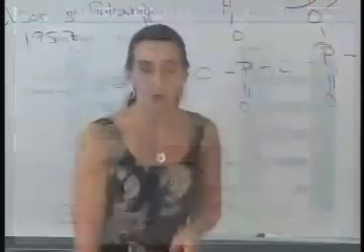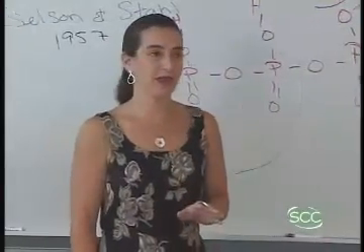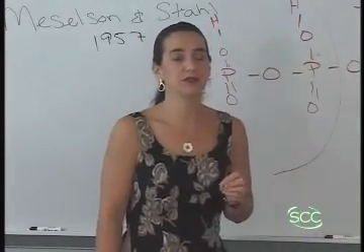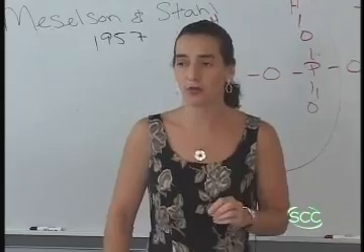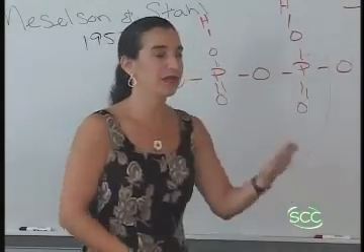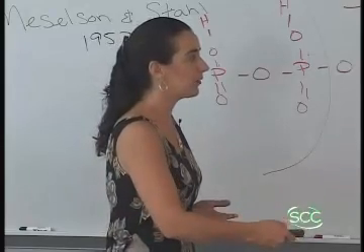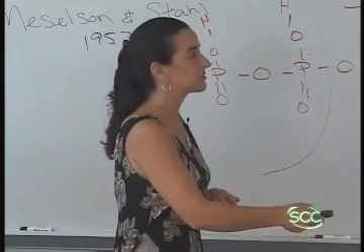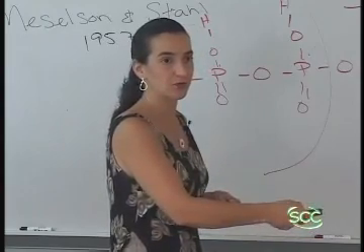Okay? Now, when DNA replicates, new nucleotides will be attached only from the 5' to the 3' end, meaning I'm going to attach the 5' phosphate group to the number 3' sugar.